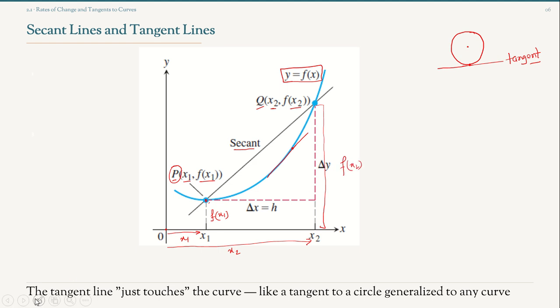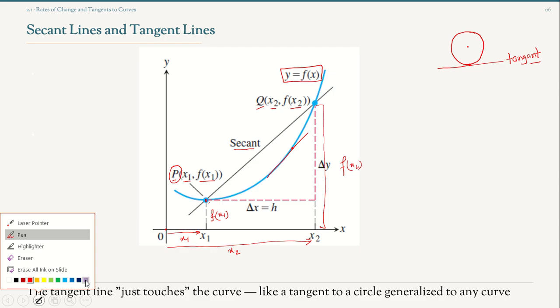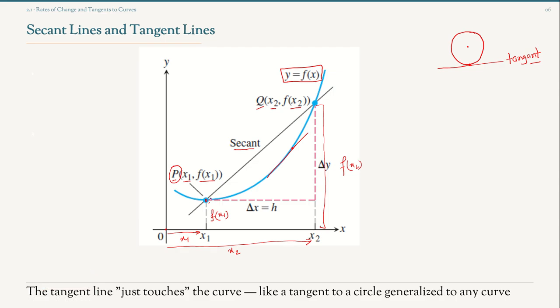Okay. Now if we move from P to Q along this graph, then what are the changes here? There are two types of changes, right? First one is horizontal, second one is vertical.